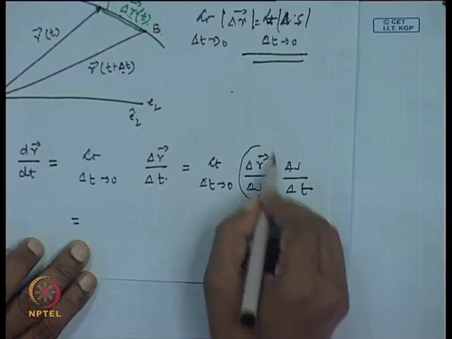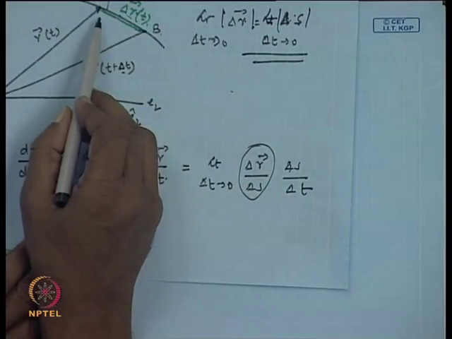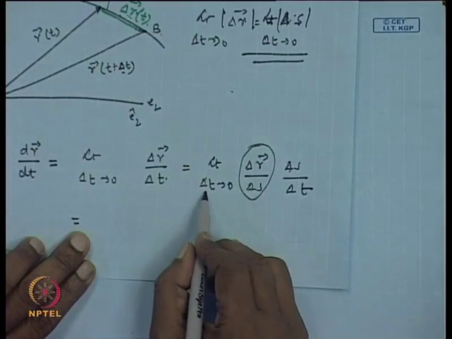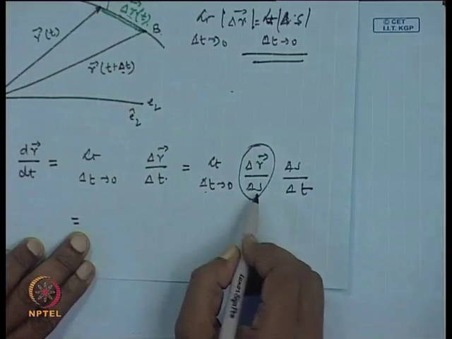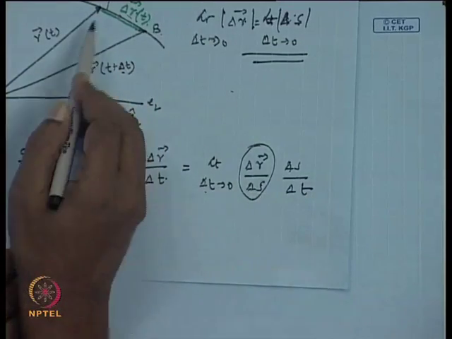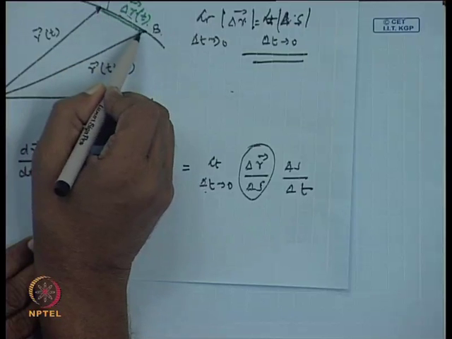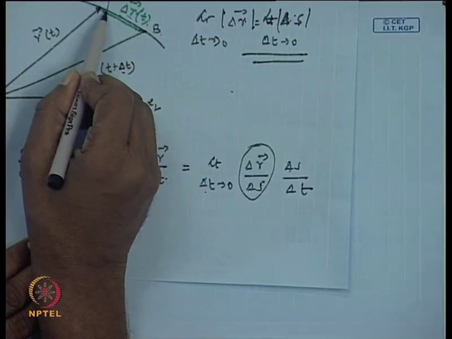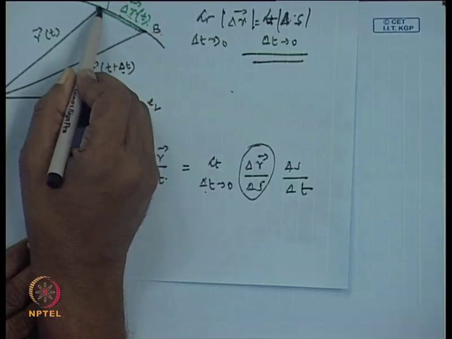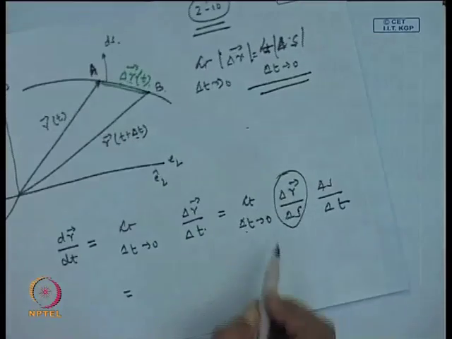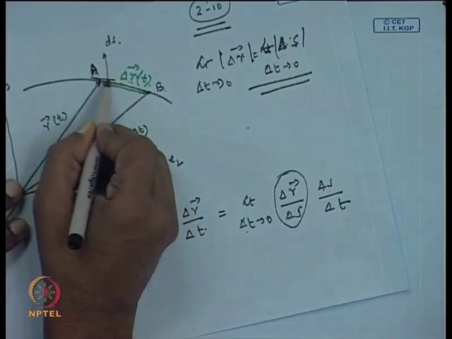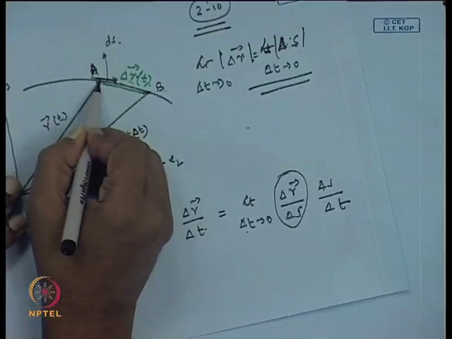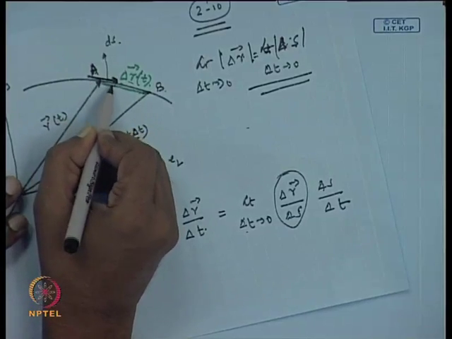Already we have seen that as the limit delta t tends to 0, the magnitude of delta r and delta s becomes the same, and from here we can also see that as delta r becomes closer to 0, meaning b approaching a, this vector delta r will be just tangential at point A.